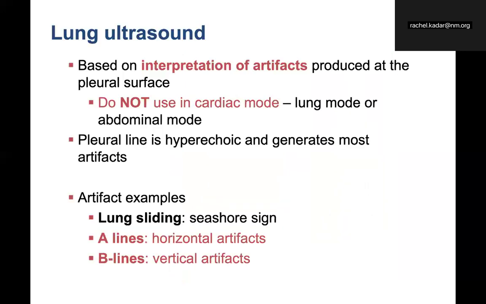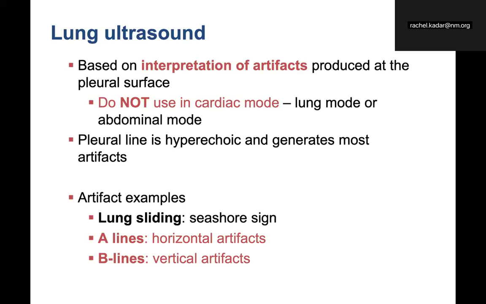When we talk about lung ultrasound, it's important to note that lung ultrasound is based on an interpretation of artifacts produced at the pleural surface. This is important to know because we want to use those artifacts and see those artifacts. So in that regard, we do not want to use cardiac mode, because cardiac mode, at least on our Sonosite, will try and get rid of all of the artifacts so that you can better see the heart.